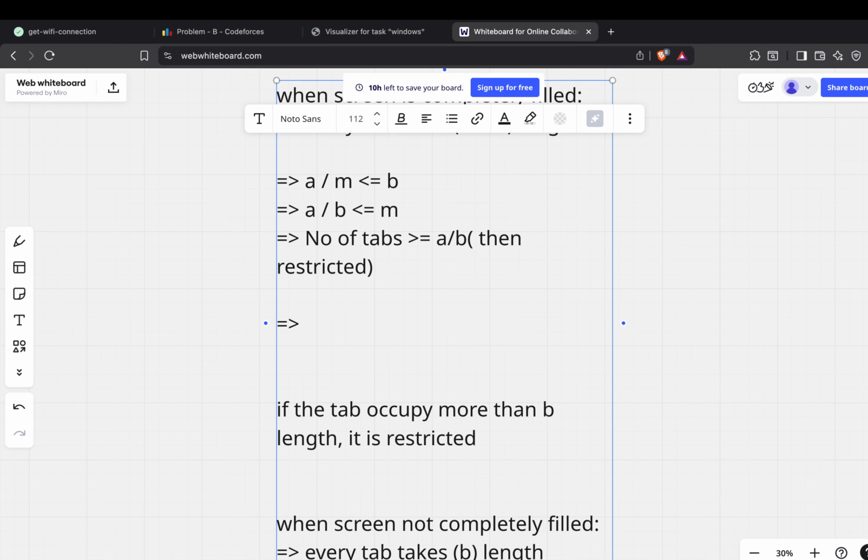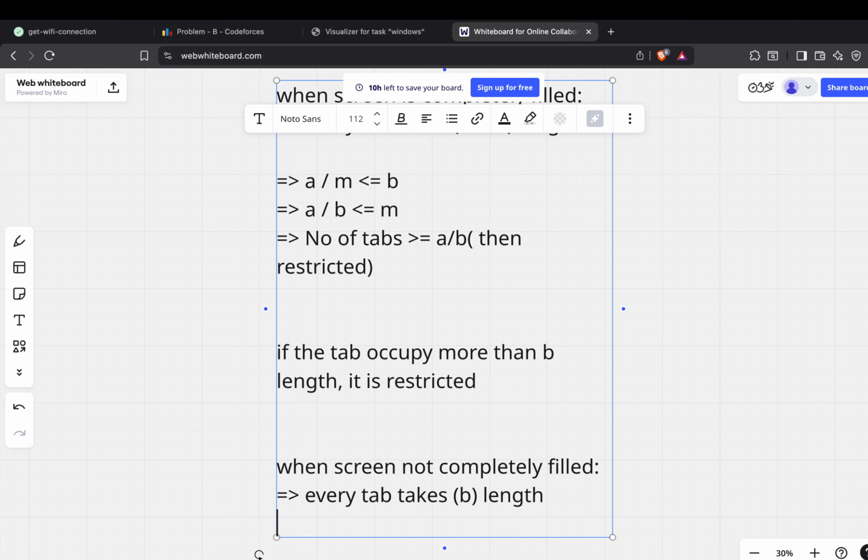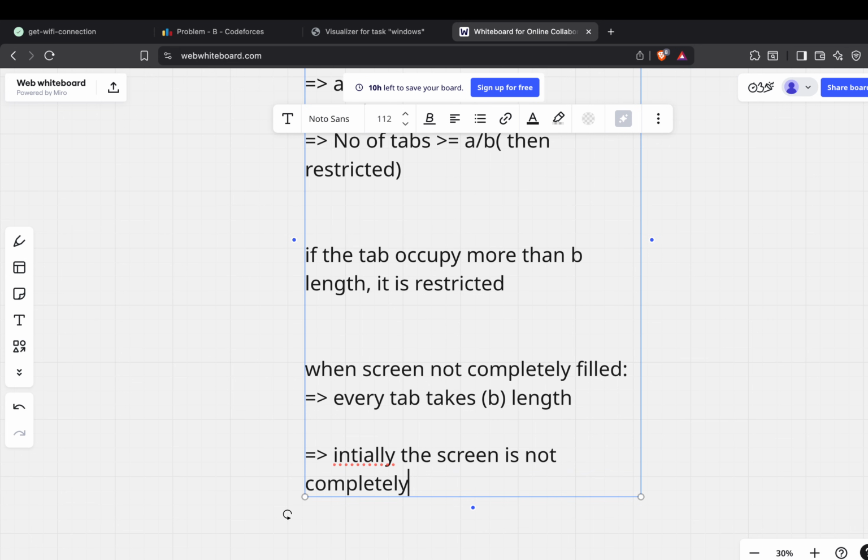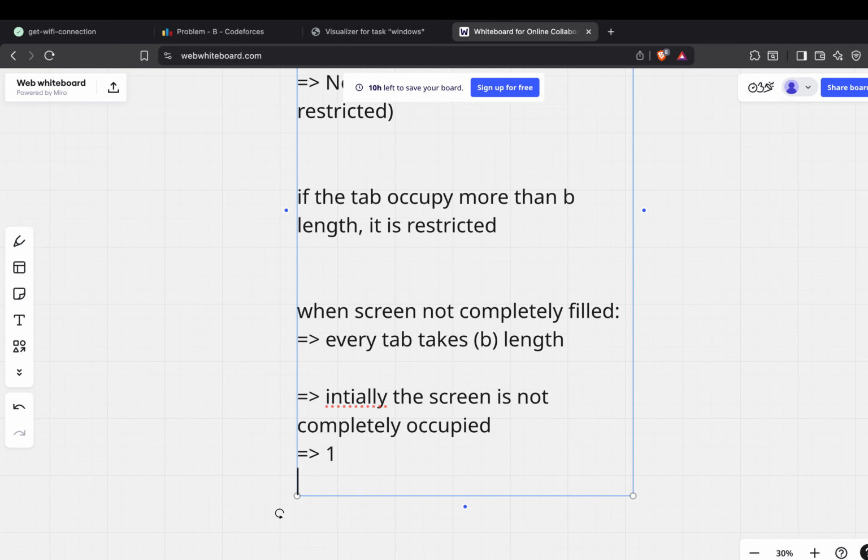So what can be the scenarios now? Initially, if the screen is not completely occupied, then the answer is 1, because you take your pointer to the leftmost tab and click on cross every time.